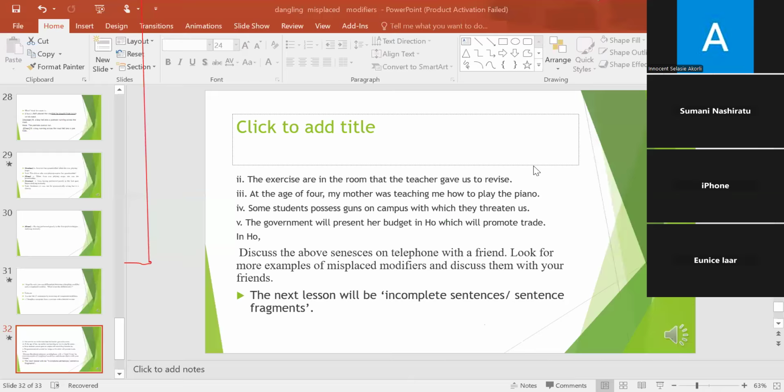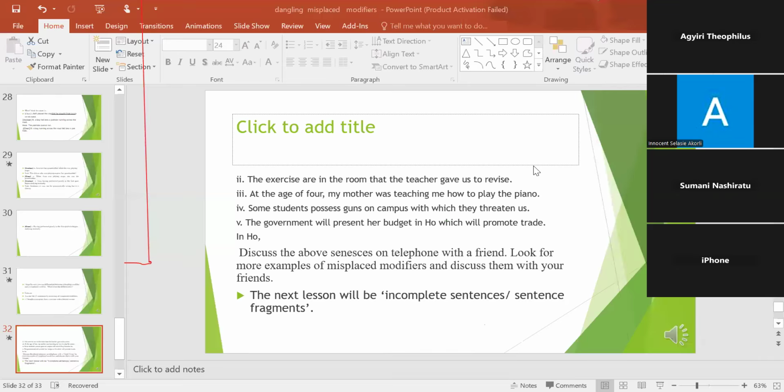Okay, is there any different way apart from this? At the age of 4, I was taught how to play the piano by my mother. Okay, is there another way apart from this?